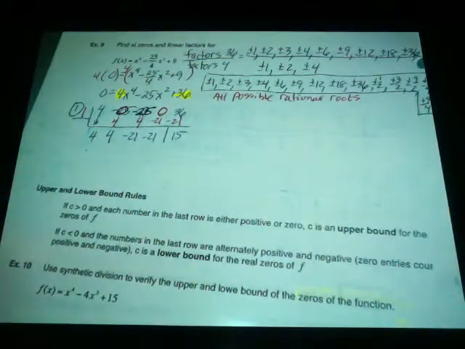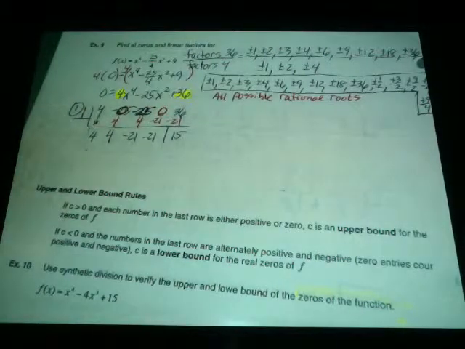And what happened? Oh, didn't get a 0. Rats. All right, so we might want to try a negative 1.